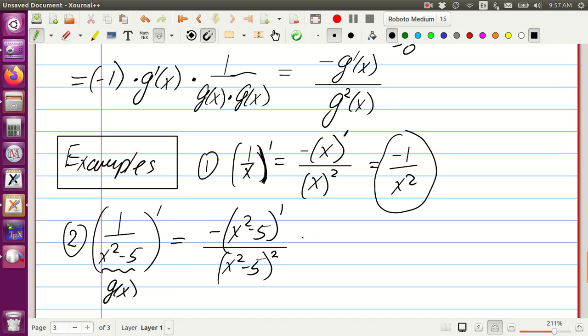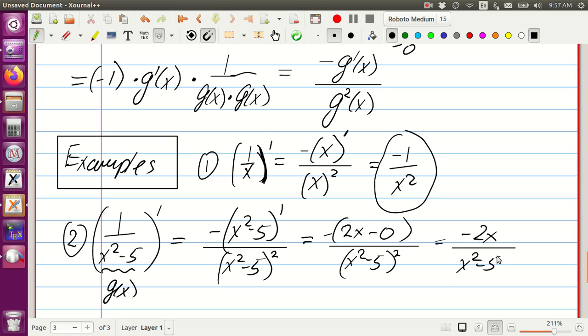We know the derivative of x squared is 2x, the derivative of 5 is 0. We have to put minus from here, and on the bottom we have x squared minus 5 squared. Finally, we have negative 2x over x squared minus 5 squared. So this is our answer.